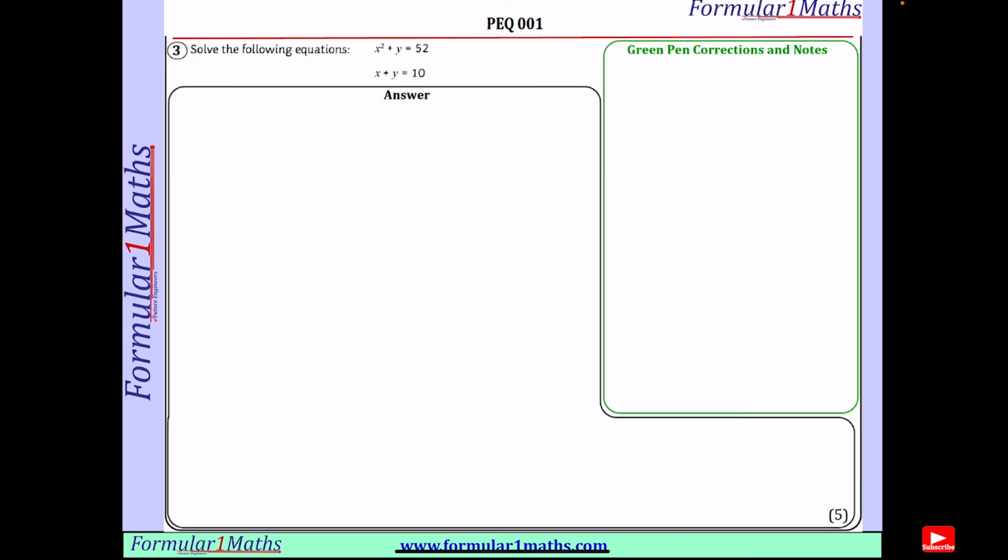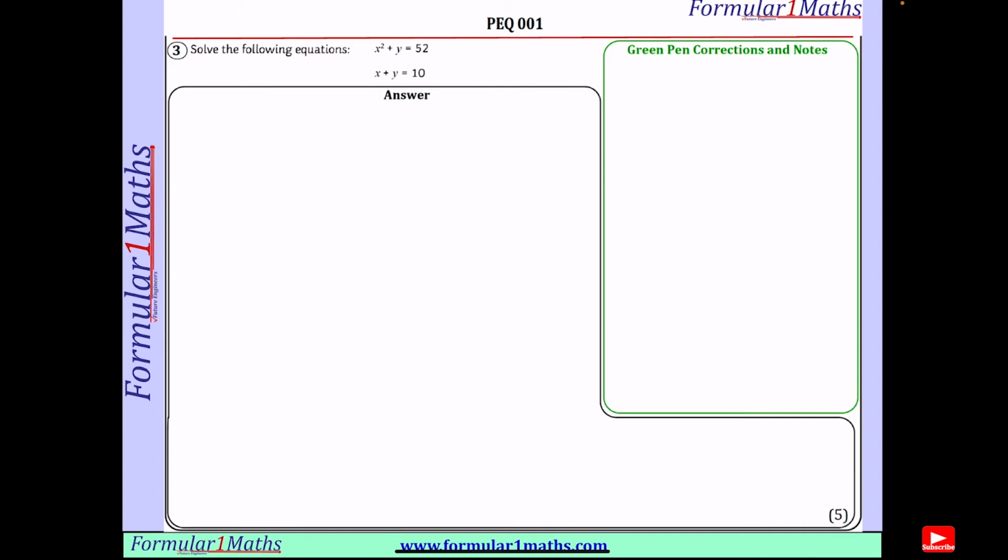Question 3. Solve the following equations. So we're going to solve this simultaneously. In this question, luckily, we can use elimination. We can also use substitution. We are going to use both methods, but let's start with elimination.